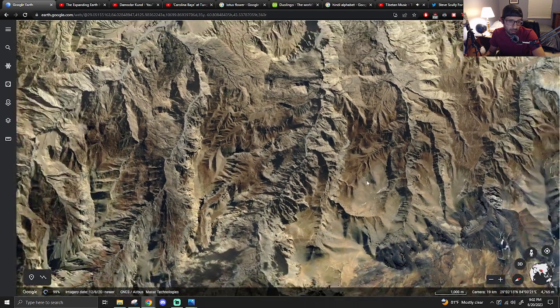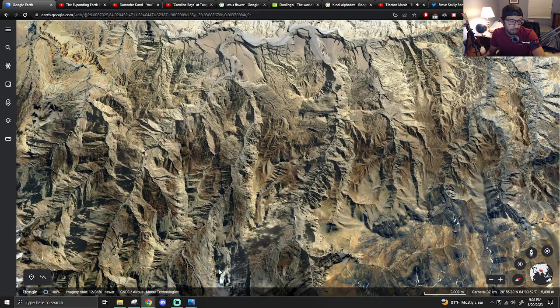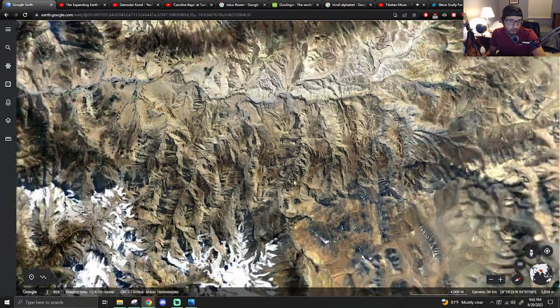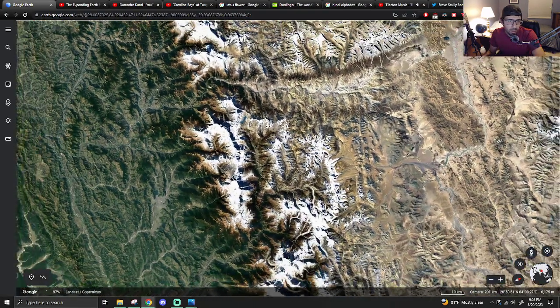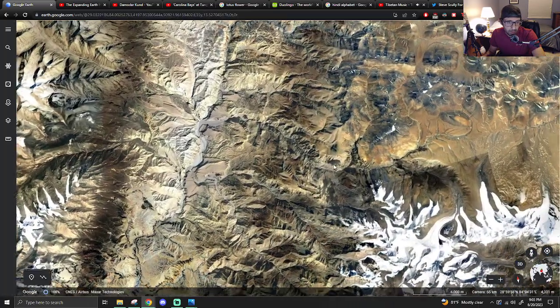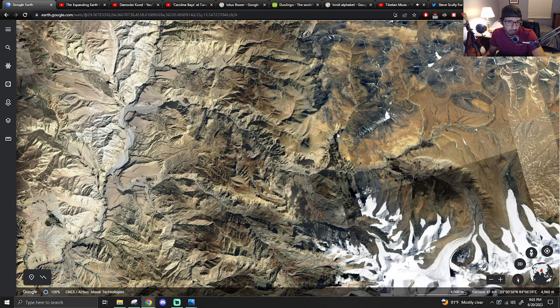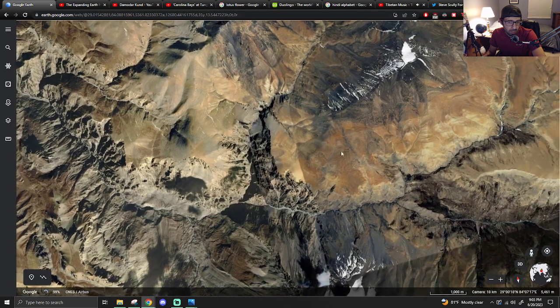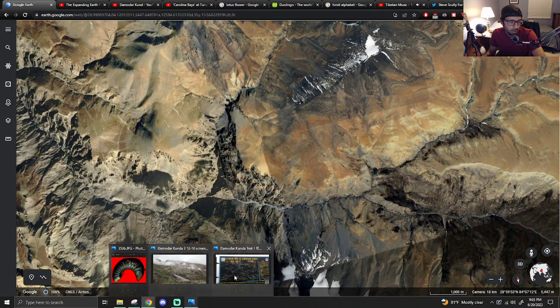I still don't know exactly where this location is. Cross some river that divides from this main river. So coming this way here. No, that's the... Oh, wait, let me see.